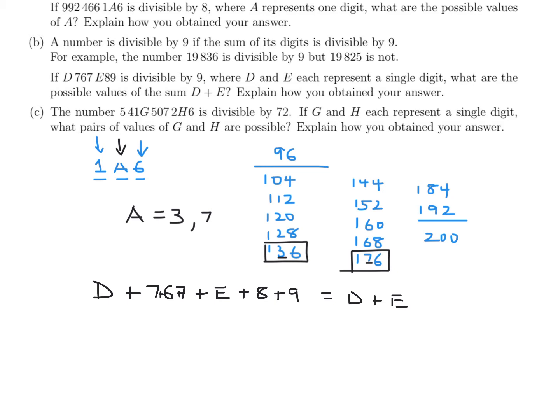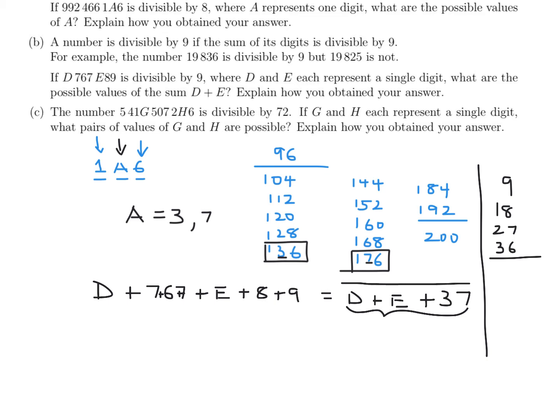Okay. Well, I guess this has to be divisible by 9, so it's got to be obviously a multiple of 9. So what are the multiples of 9? Let's just write them on the side. Well, there's 9, 18, 27, 36. Now, these ones, obviously, we don't need to worry about because this sum here has got to be greater than 37 because D and E are positive digits, right?